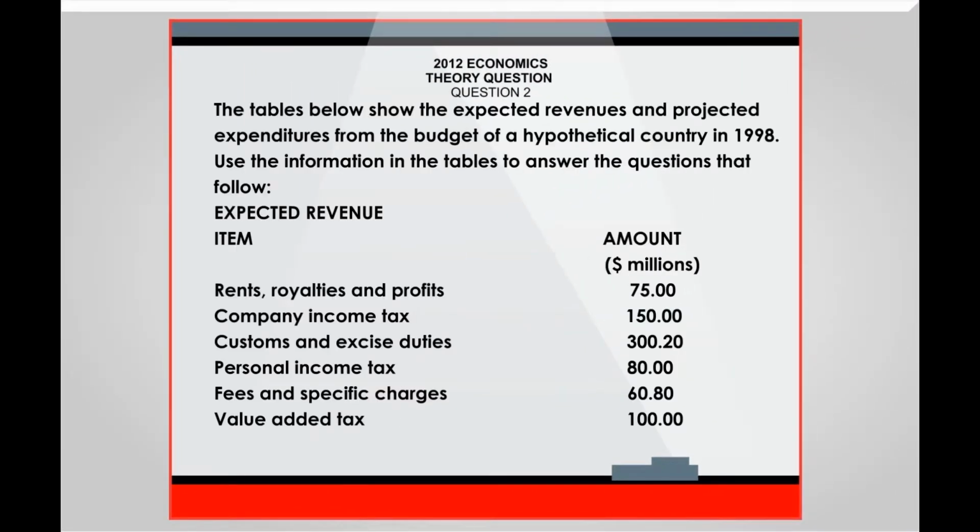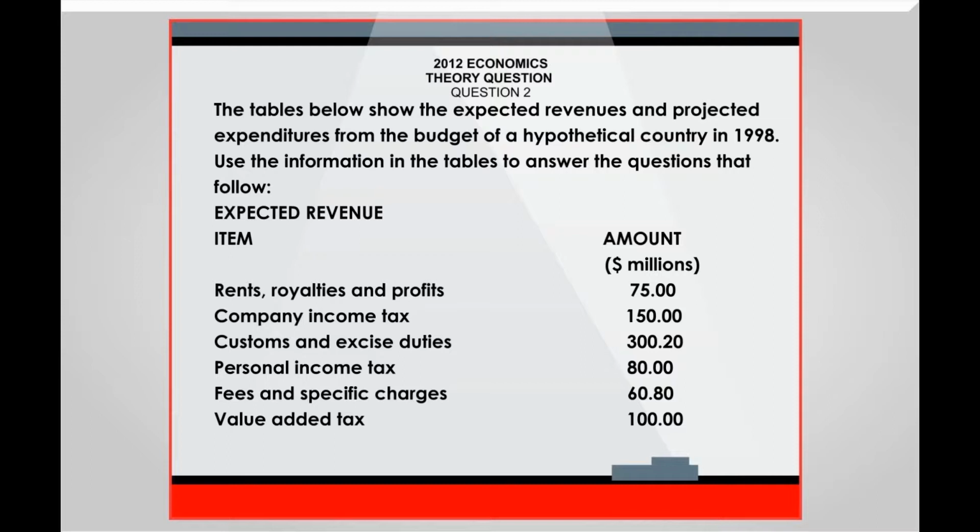The tables below show the expected revenues and projected expenditures from the budget of a hypothetical country in 1998. Use the information in the tables to answer the questions that follow. Expected revenue. Items. Amounts in millions of dollars. Rents, royalties, and profits, $75 million. Company income tax, $150 million.